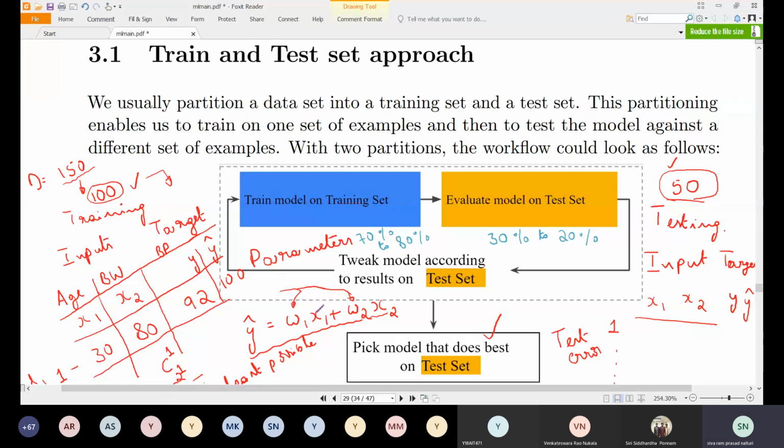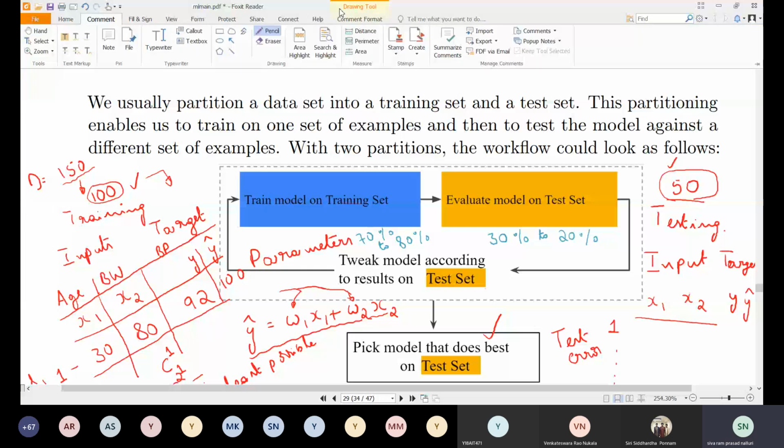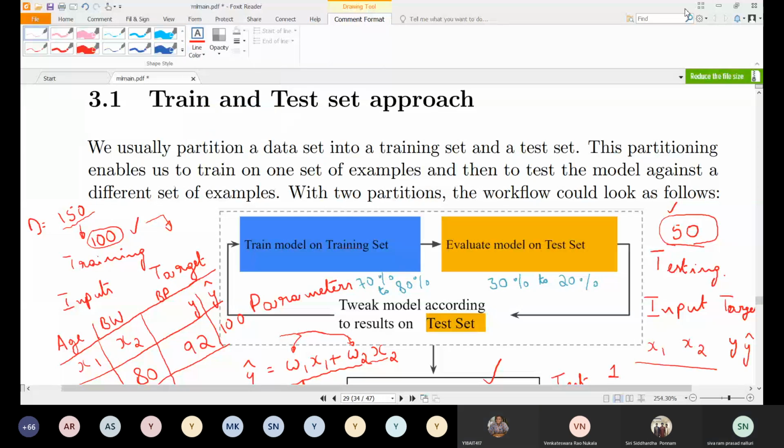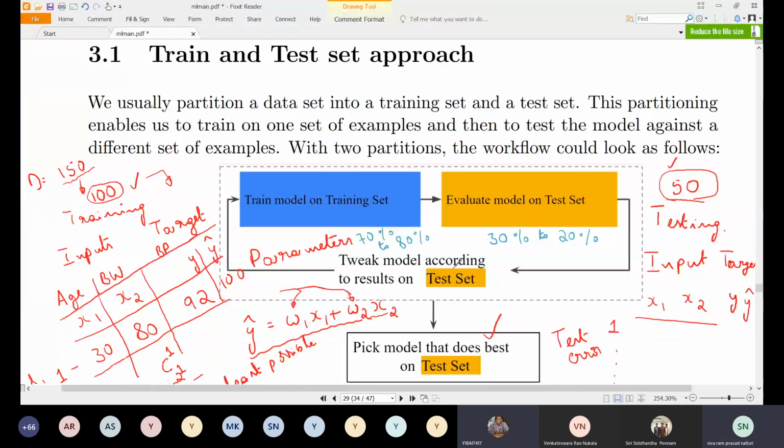X1 is say the first unit, X2 is the second unit, and X3 is the third unit, W3 X3 plus W. So in this case, X1 refers to the first unit, X2 refers to the second unit, X3 the third unit, and X4 the fourth unit.